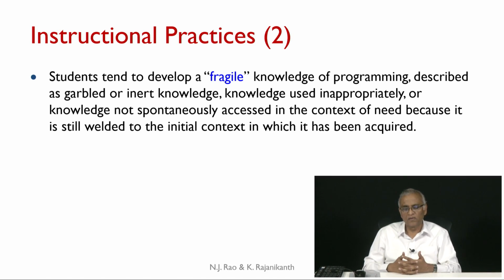They use the knowledge inappropriately, or the knowledge is not spontaneously accessed in the context of need, because it is still welded to the initial context in which it was acquired. So you are only familiar with one context, and you are not able to adapt to a changing context.